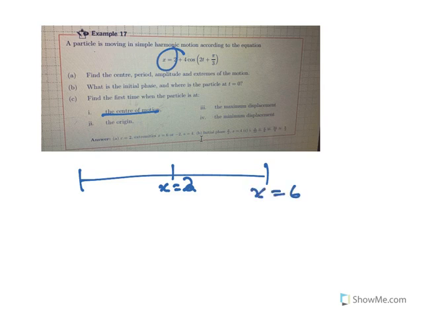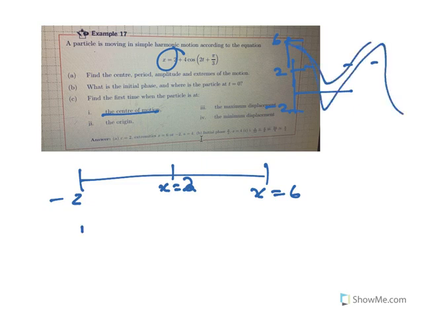And the extremities, remember, it was 6 to minus 2. So the centre is 2, and then it oscillates, it goes up 4, so it goes to 6 and down. So it goes between there and there. So, okay, the centre is when x equals 2.